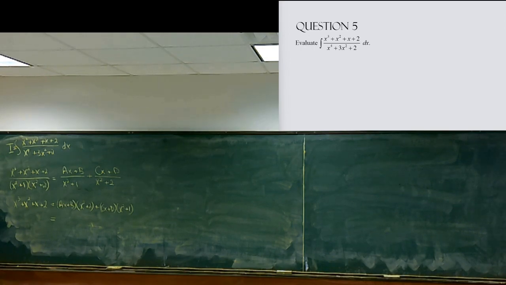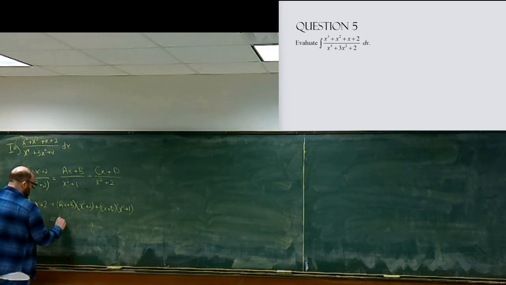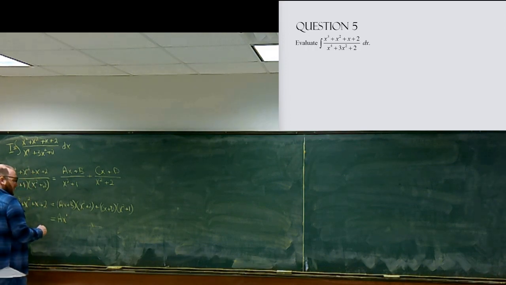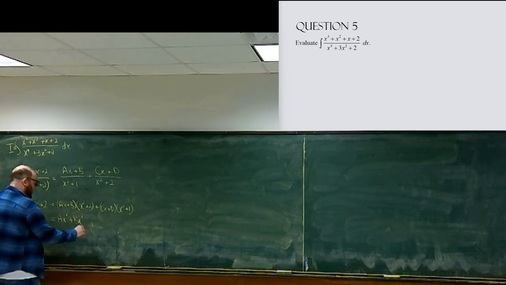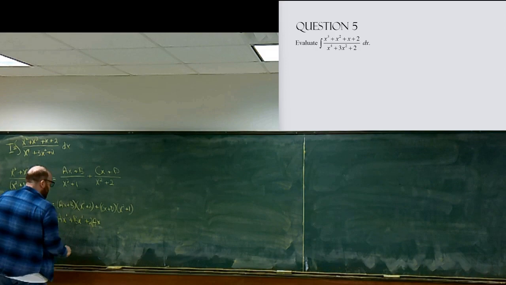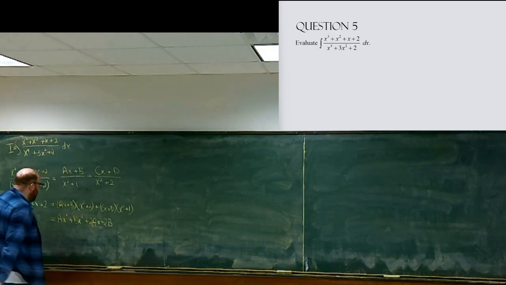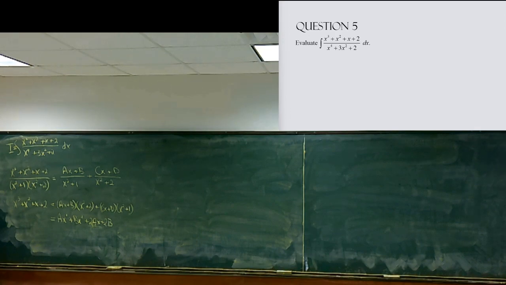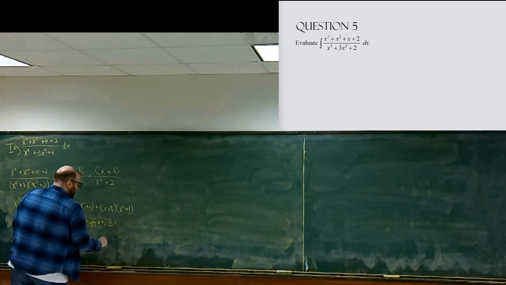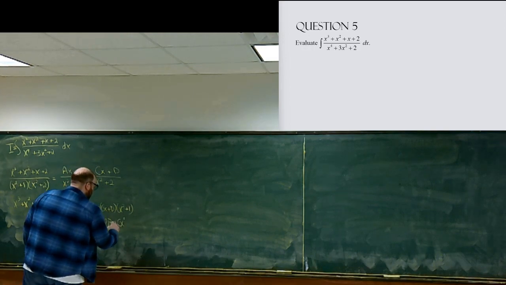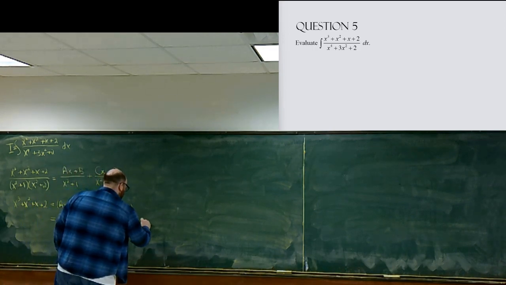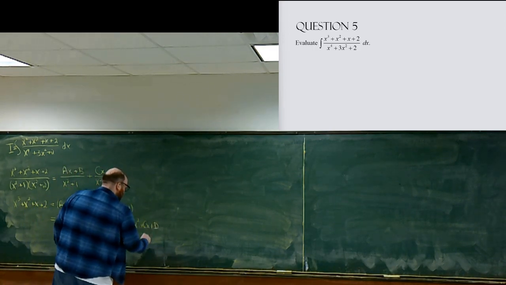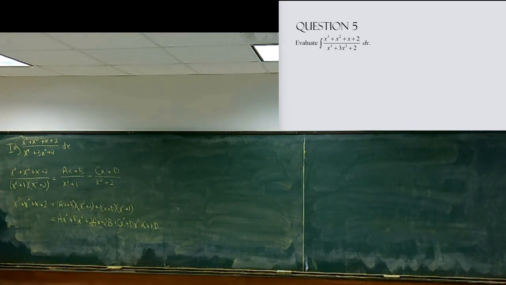I'm going to go ahead and FOIL instead of trying to do it in my head. Ax cubed plus bx squared plus 2ax plus 2b, so that should be that first term, FOILed, plus cx cubed plus dx squared plus cx plus d.